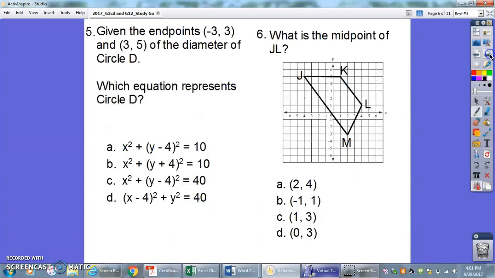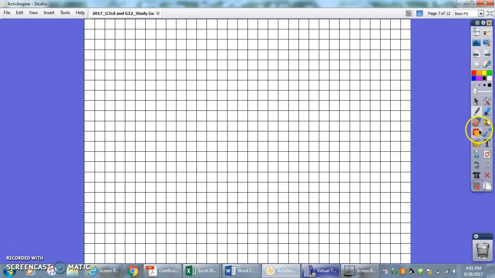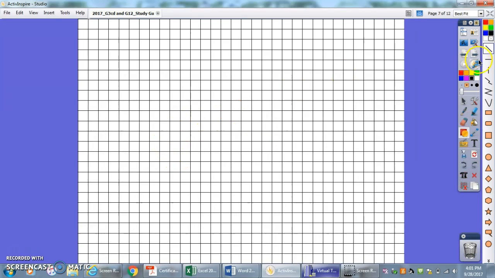Next question. Number 5, given the endpoints negative 3, 3, and 3, 5 of the diameter of circle D, which equation represents circle D? Okay, so this one's almost like the last one, so we'll do this one quickly. Go ahead and make our x and y axis and graph our center.